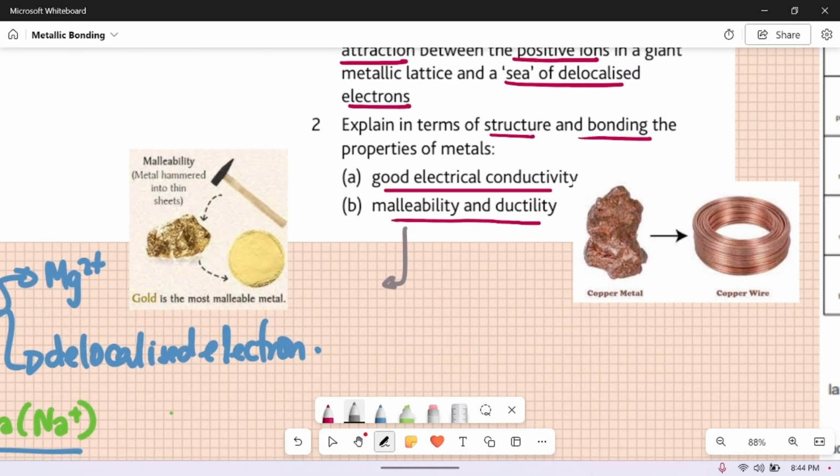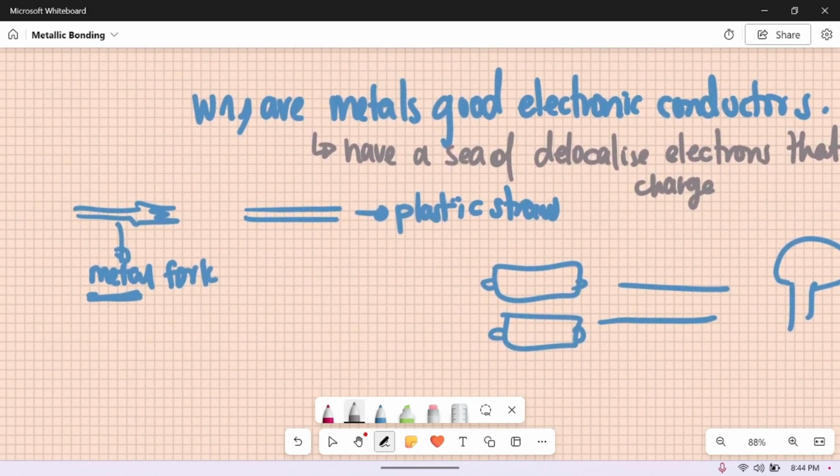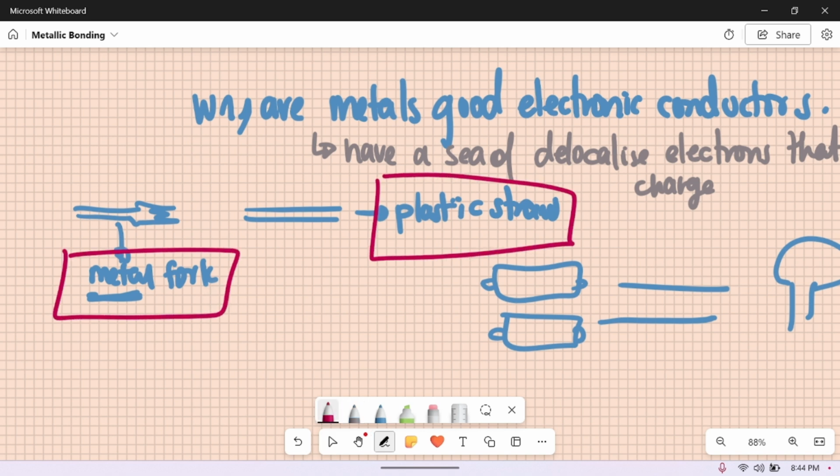Now, you want to look at the structure and bonding and relate it to why metals are good electrical conductors as well as good at malleability and ductility. Let's look at good electrical conductors, okay? This is the basics. You have, let's say, a metal fork and a plastic straw.